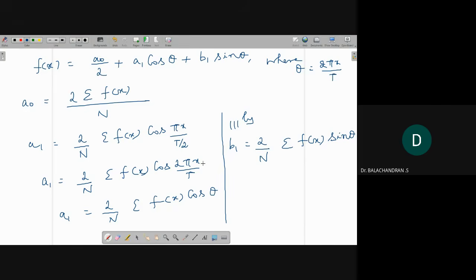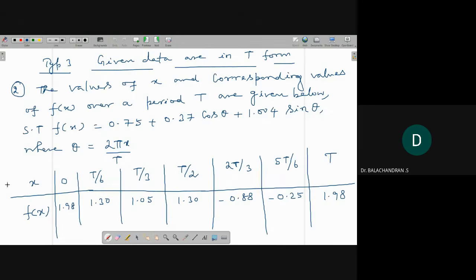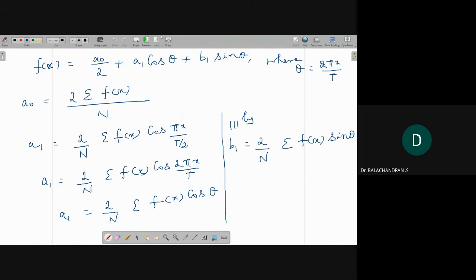So now we should form a table. You should decide the components in the table. The components in the table are first x, then f of x, and then theta. The first column is x, the second column is f of x, the third column is theta, the fourth column is cos theta, and the fifth column is sin theta, and the next column is f of x into cos theta, and the next column is f of x into sin theta.